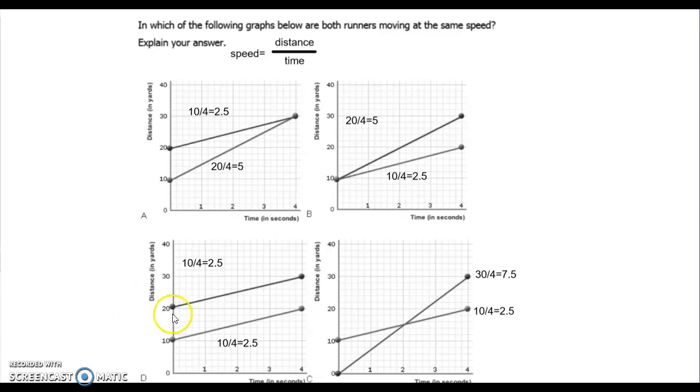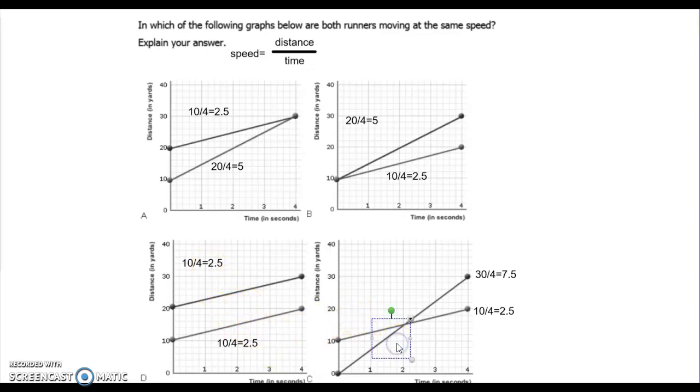Then on this one, I see they started at 20, they ended at 30, so 30 subtract 20 is 10, and I see that it took 4 seconds, so it's 2.5 yards per second. Same thing on this one. They started at 10, ended at 20, so 20 subtract 10 is 10, still 4 seconds, so 10 divided by 4 equals 2.5. This one is the same speed.